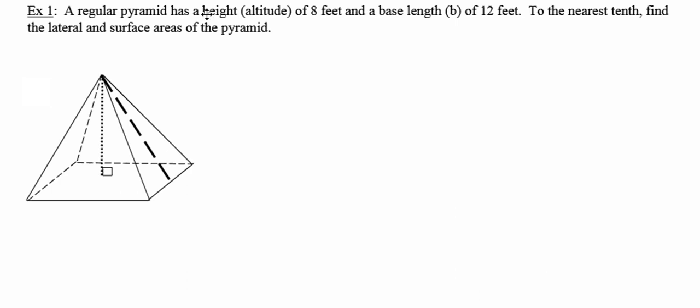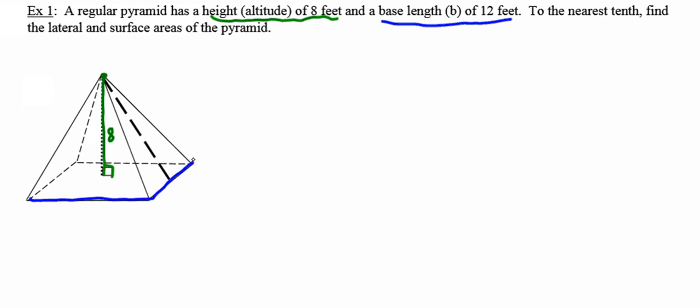So if I look at this picture, my height or my altitude is 8 feet. That's going to be the distance from the vertex down to the very center of the base. So that distance right there, I'm going to mark in my picture with an 8. Base length is 12 feet. So base length is going to be the length of any one of these bases.